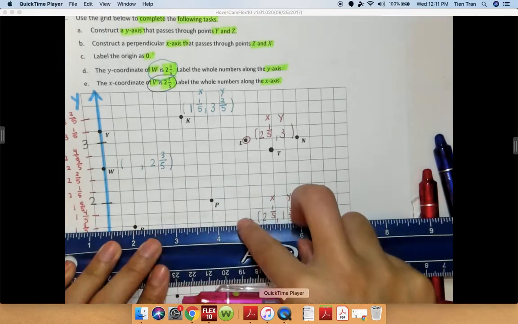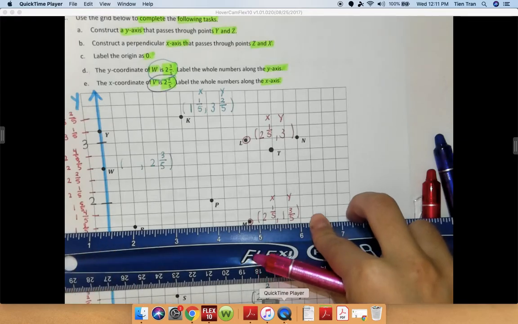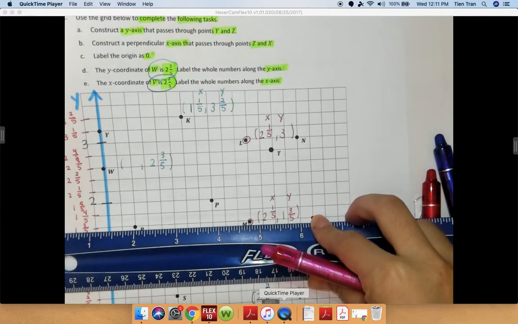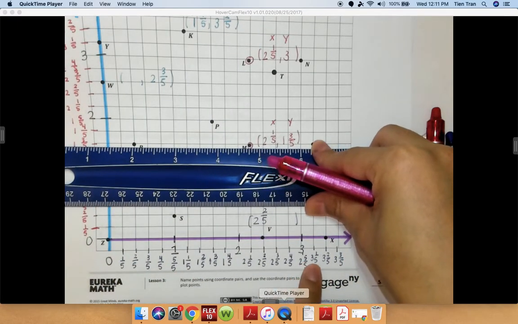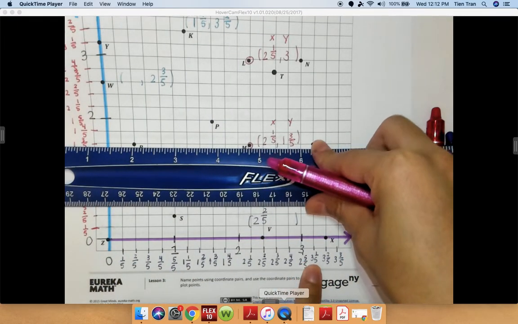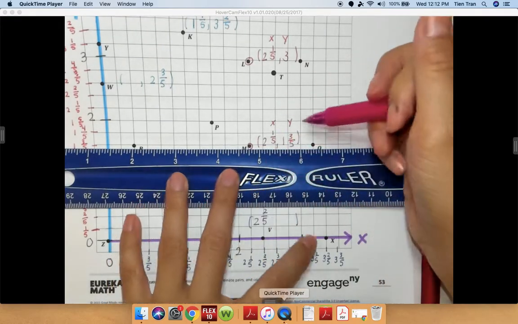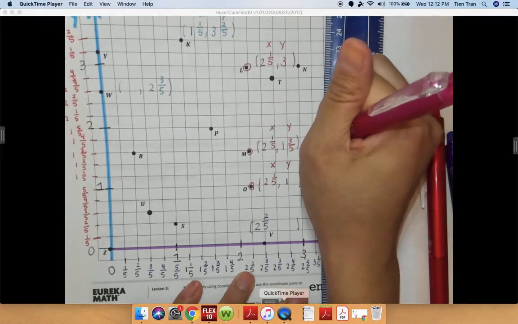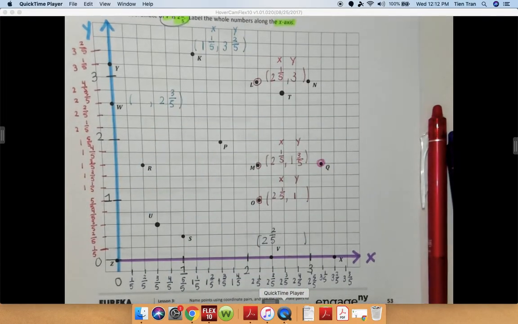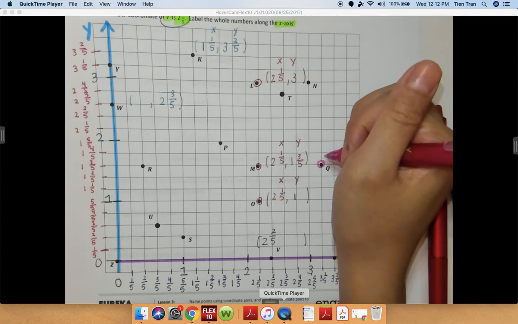Okay, so it's one of these, but it also tells me, let me read that again. 1 and 3/5, and then 3 and 1/5. So on this bottom area, I want to go to 3 and 1/5. So let's see which one is that one. That one would be Q. Okay, that's the only one. So I'm going to circle that one, and I'm going to write down its coordinates.